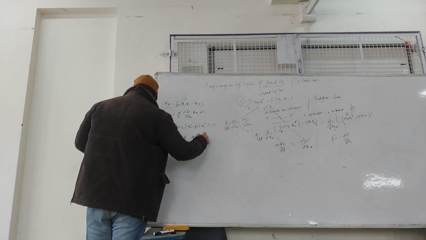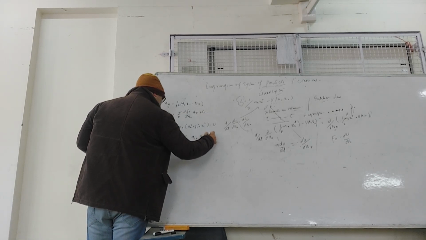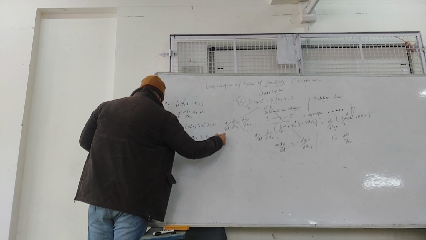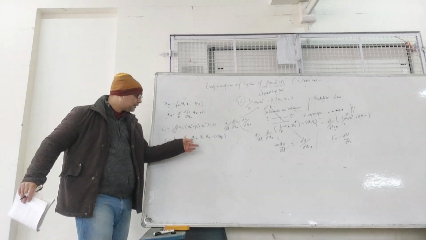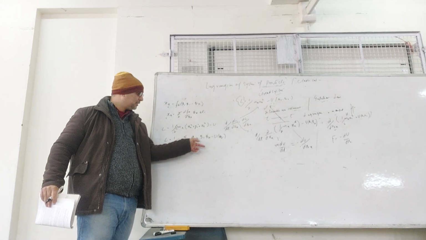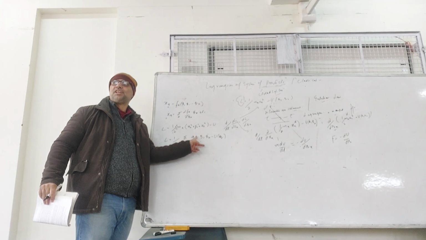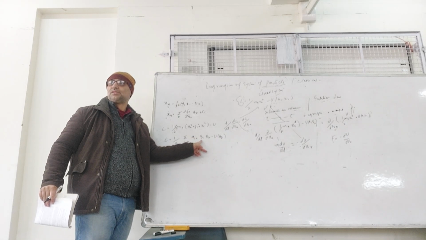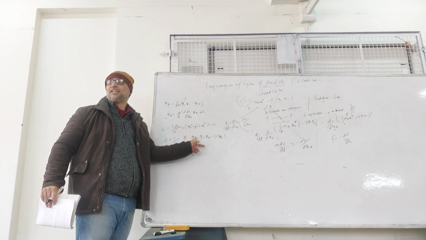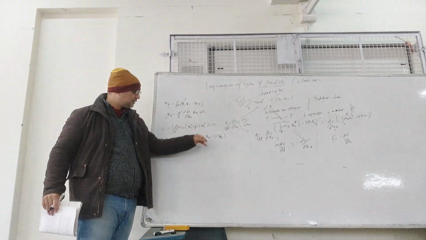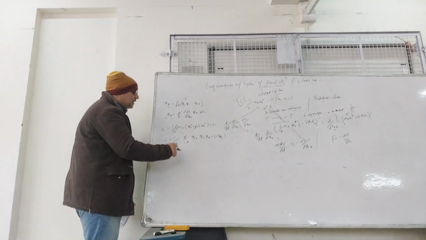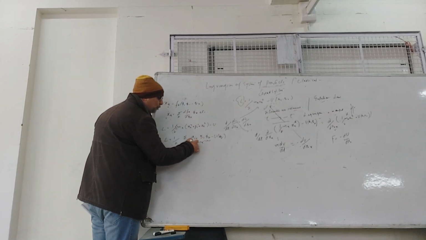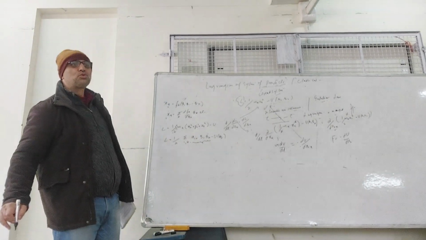a_ik q_i dot q_k dot. So a_ik will contain a00, a01, a02, a10, a11, a12. So there are different combinations of these particles, 2 particles.